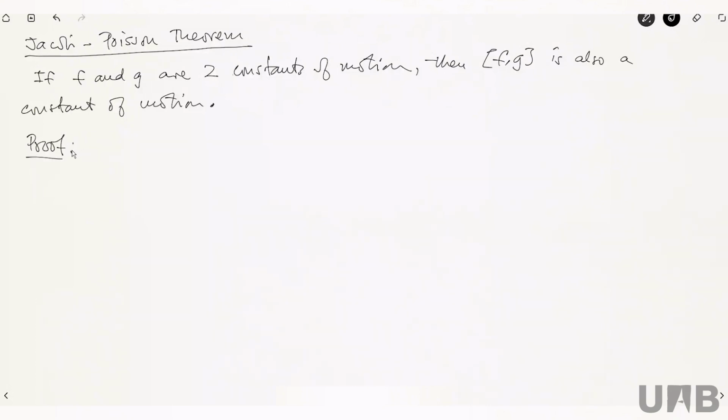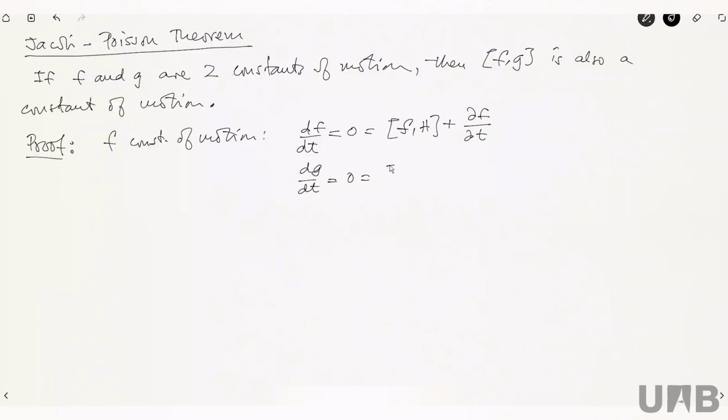Okay, so F is a constant of motion. What that means is that the total derivative of F with respect to time is 0. But in the language of Poisson brackets, this is the Poisson bracket of f with the Hamiltonian plus the explicit time derivative, right? That we already saw. So this is true for f, and it's also true for g, because both are constants of motion.